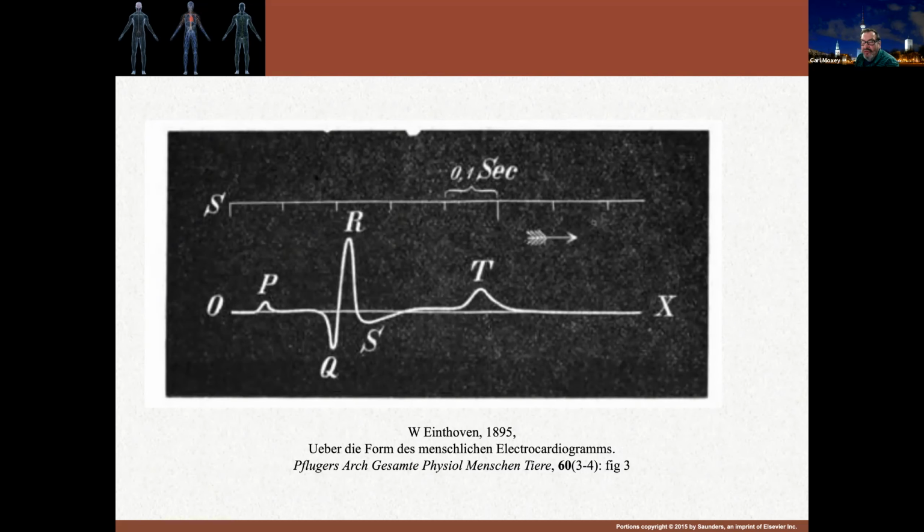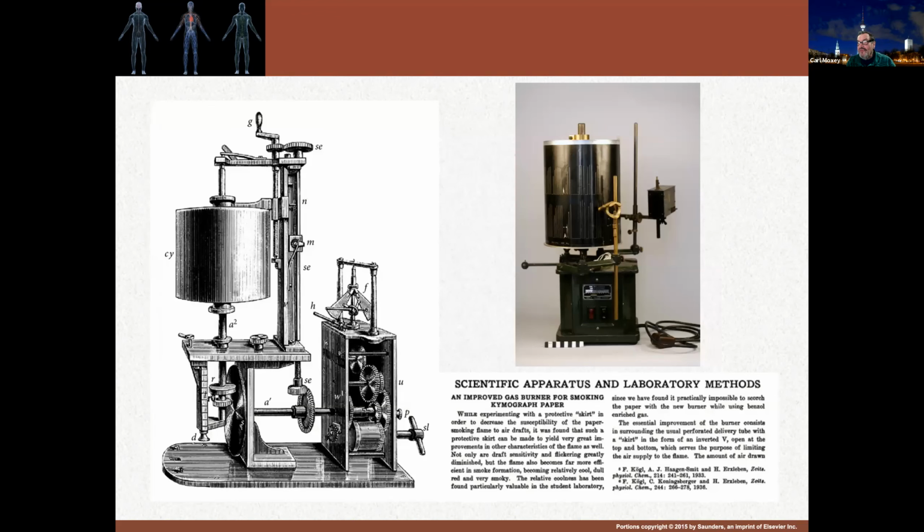Wilhelm Einthoven was, if you will, the father of electrocardiography. What he was actually recording, in a galvanometric recording, is electrical activity on the surface of the skin as a result of electrical activity which occurs in the heart. And that's the very simplified explanation as to what an EKG is all about.